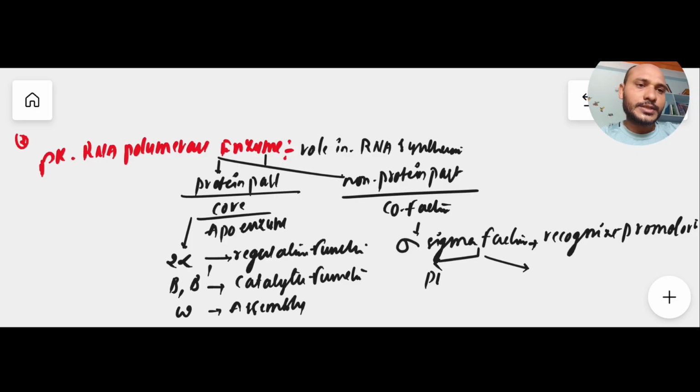In prokaryotes, it recognizes the Pribnow box promoter, and in eukaryotes, it recognizes the TATA box promoter. So this is all about the prokaryotic RNA polymerase enzyme.